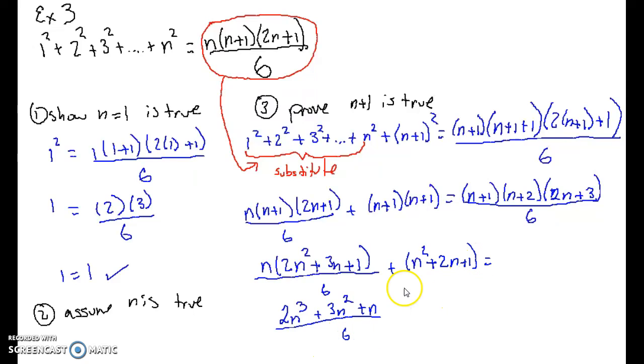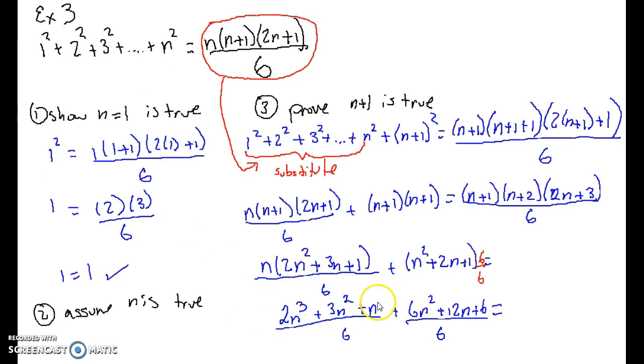And what I'm going to do on this is multiply by 6 over 6. So this will become plus 6n squared plus 12n plus 6 all over 6. I'm going to run out of space, so I'm going to add a new page, but I'm just going to go ahead and collect our like terms.